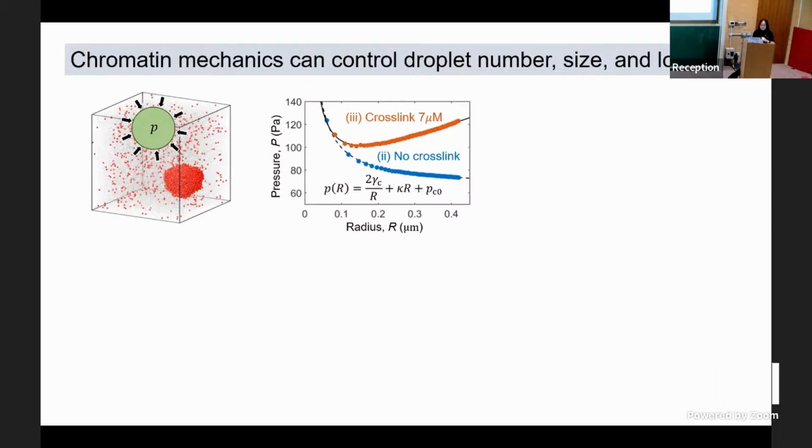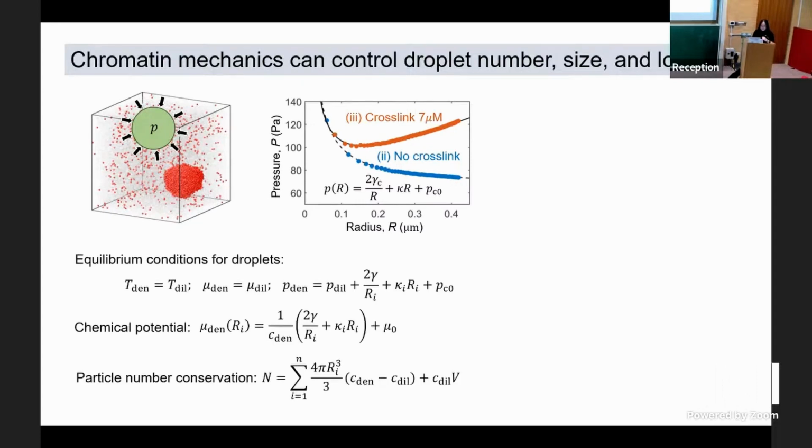This stretching of the chromatin and the feedback of that stretching to the pressure depends on the local location, right? So now we put this kappa here, which has a location dependence. And we just write down the equilibrium conditions for the droplets. It's really just thermodynamics.